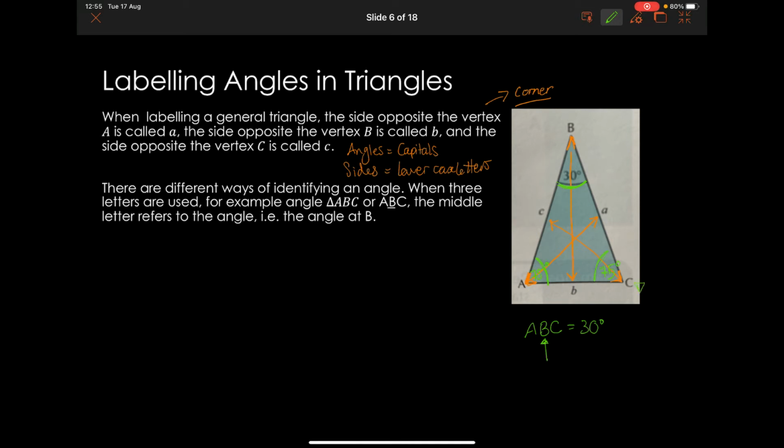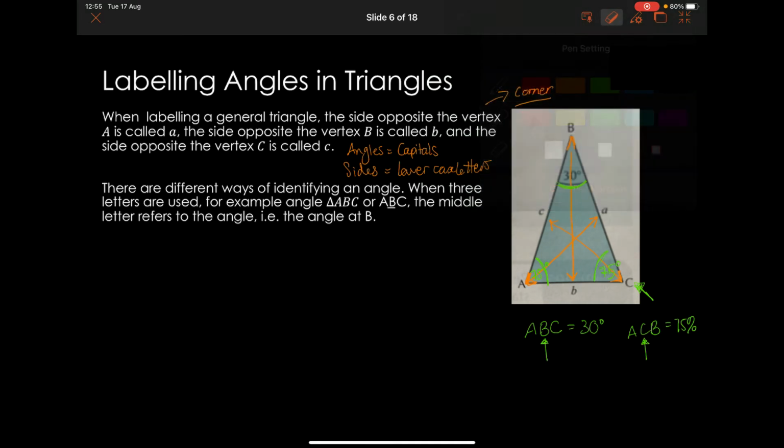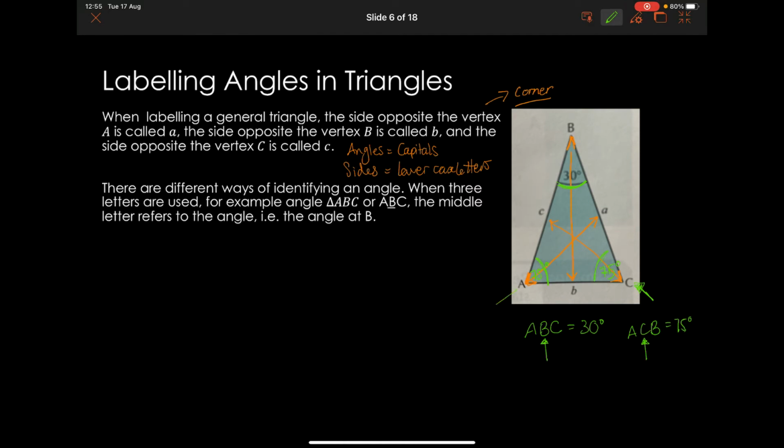If I wanted to label this angle here, C, I would call that ACB, because C is the angle I'm trying to find, or trying to label. 75 degrees. And then if we're labelling A, we could call that BAC, because we're labelling angle A, which is also 75 degrees.